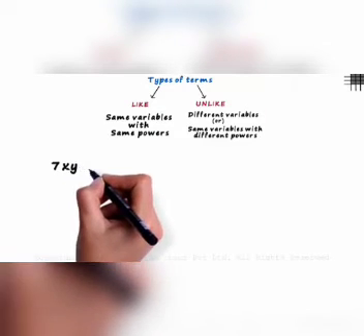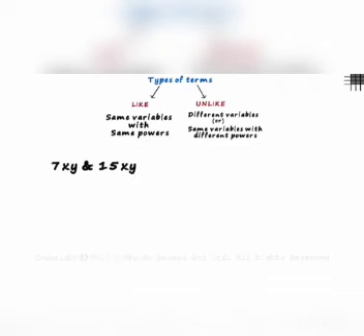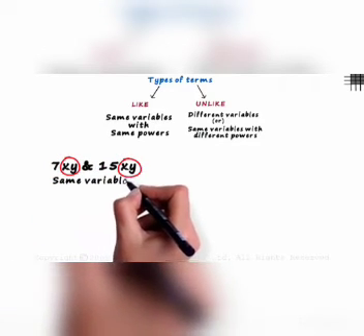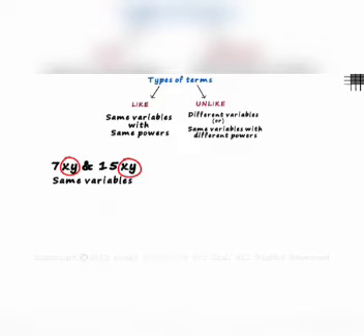Consider two terms, say 7xy and 15xy. Are these two terms like or unlike? Remember, to know the type, we just have to look at the variables and not the constants. Both these terms have the same variables, x and y. But that is not enough to tell us if they are like or unlike.